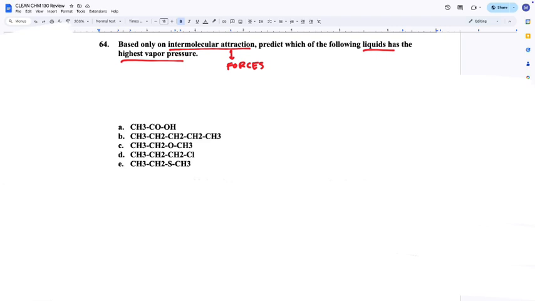Right? So if pressure means gas, and we're saying highest pressure, we're saying which of these is most gas? Okay, but they're liquids. So how many of them should be gases? None of them. Okay? So really what we're asking about is the transition from liquid to gas. Well, what controls the transition from liquid to gas?